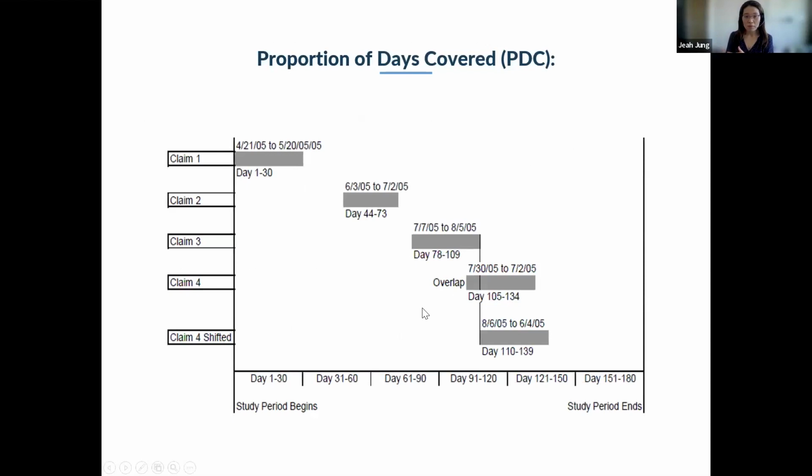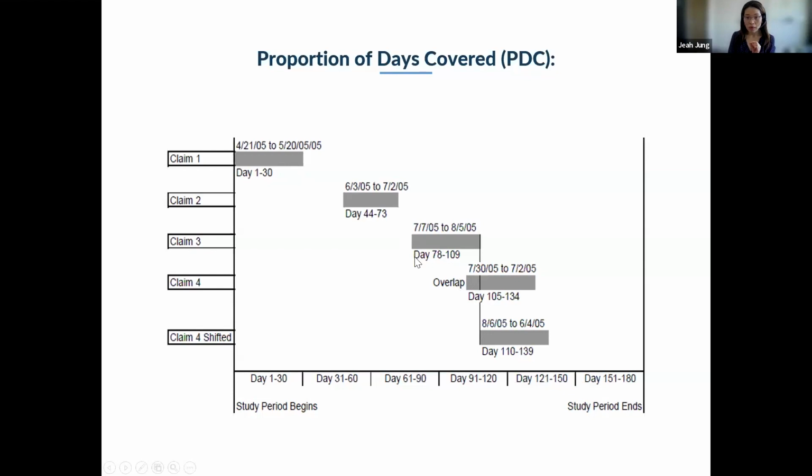So if you see the graph here, this first fill date is April 21st, 2005, just claim one. And you can see here there is some non-adherence, missing days here, right? So this is non-adherence in earlier days. And then this was exact, but in claim 4, in the fourth fill, there was a little bit of oversupply.